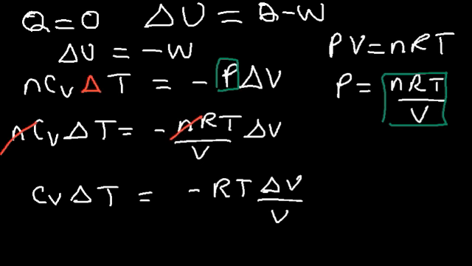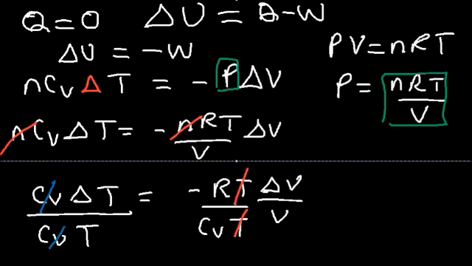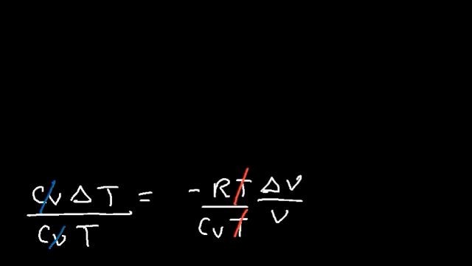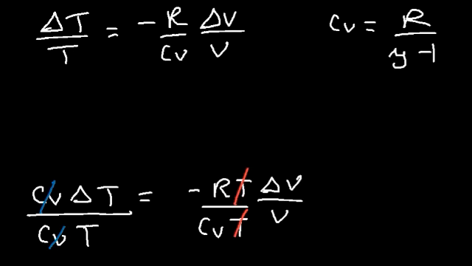So now what we're going to do is divide both sides by T and Cv. So I'm going to divide the left side by Cv and T and the right side by Cv and T. So on the left side, T is going to cancel, and on the right side, Cv will cancel. So I now have the expression delta T divided by T is equal to negative R over Cv times delta V divided by V. Now, if you recall, Cv is equal to R divided by gamma minus 1.